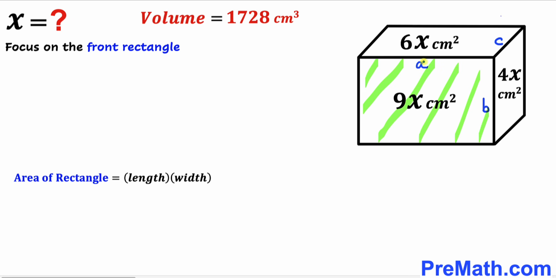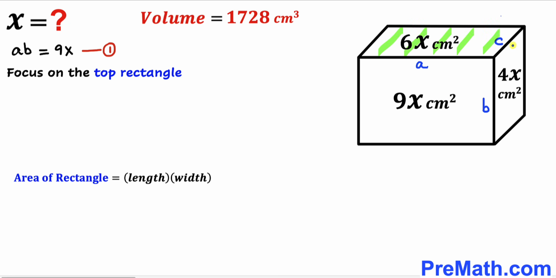Here we can see the dimensions of this front rectangle are a and b, and the area of this front rectangle is 9x. So by using this formula, we can write a times b equals 9x. I'm going to call this our equation number 1.